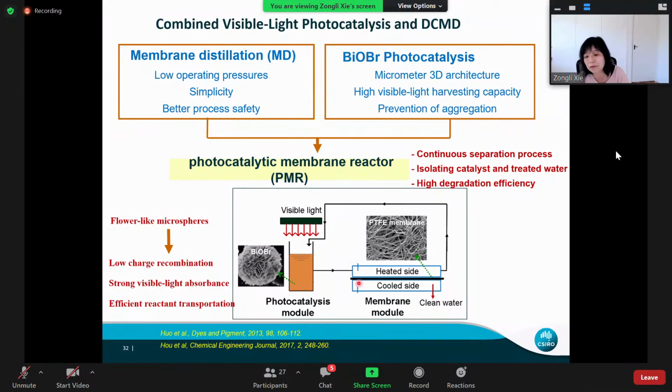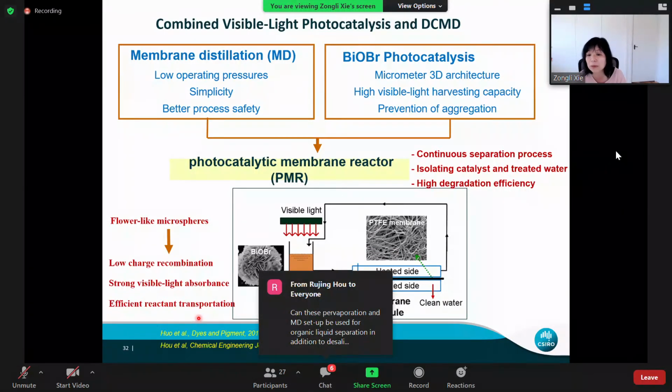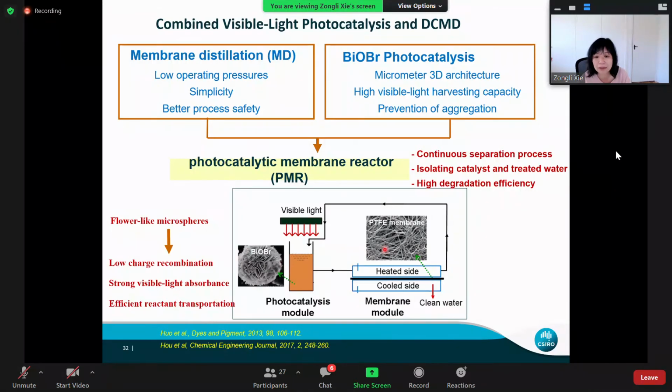We know photocatalysis is very effective for textile wastewater treatment, and in particular, if we explore visible light, it gives more opportunity. So in this case, we utilize their flower-like bismuth-based photocatalyst to photodegrade the textile wastewater. But here we're using membrane distillation for two reasons.